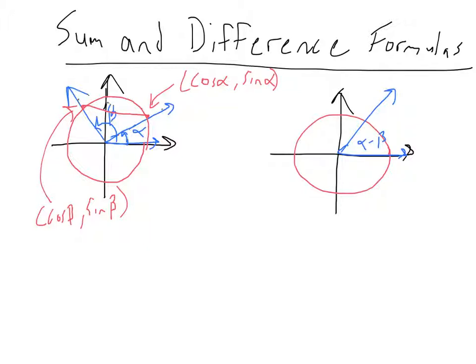And incidentally, that's going to be the same as the magnitude of this angle right here. This angle is also going to have the magnitude alpha minus beta. So the angle between alpha and beta in my first one is just going to be beta minus alpha. I'm sorry, beta minus.